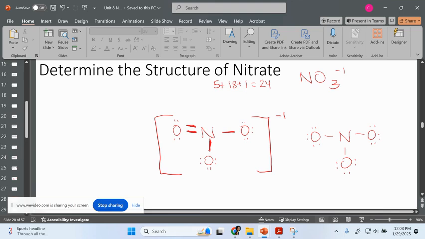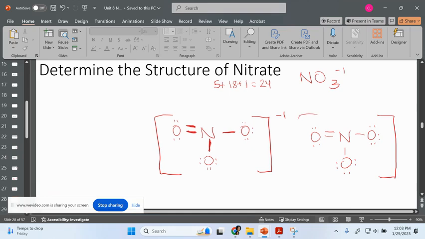You see an issue here? The nitrogen doesn't have an octet. So I can't keep it like that. Nitrogen has to have an octet. I don't have any more electrons to put lone pairs on that nitrogen. So what do I got to do? I got to pull it into the middle, don't I? Okay. So I'm going to pull that in.